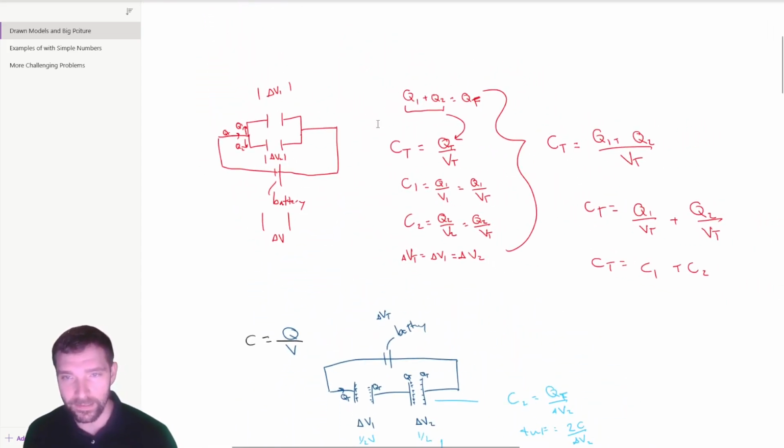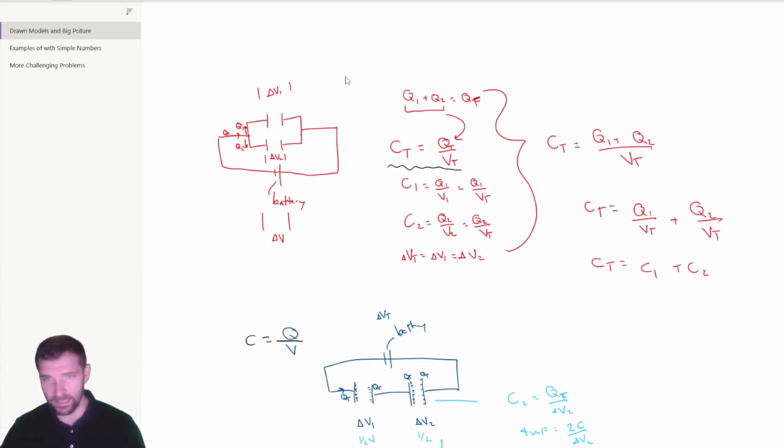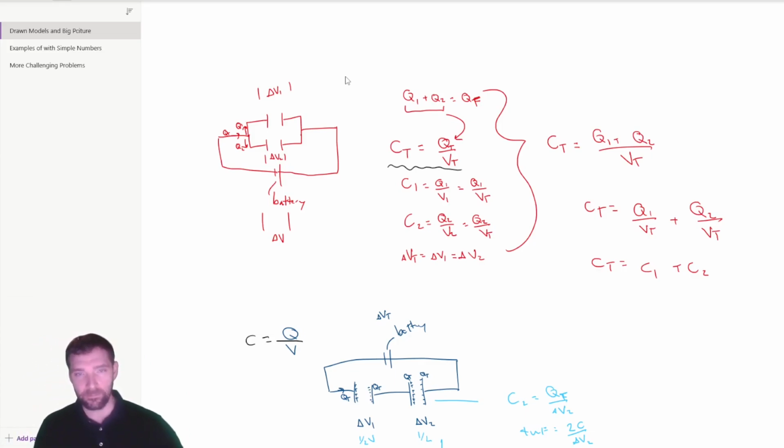This is a capacitor, and if you know your formula for a capacitor, C is equal to Q over V. That's the generic formula for a capacitor. So the big total capacitor, which is these two put together, is the total charge over the total voltage.